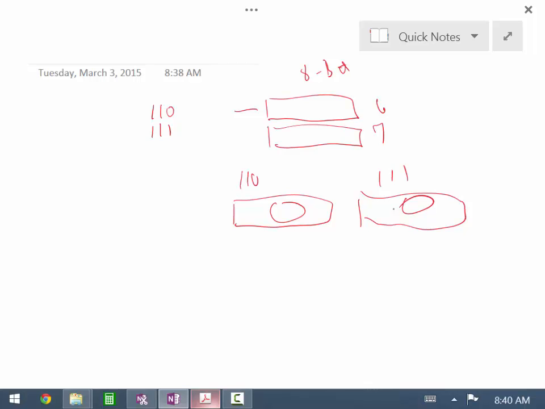So, as a result, this A0 is not needed in this particular configuration, because we're grabbing the data 2 bytes at a time. So all we need is the 11, and that gets us both this location and this location at the same time. So A0 is not needed.